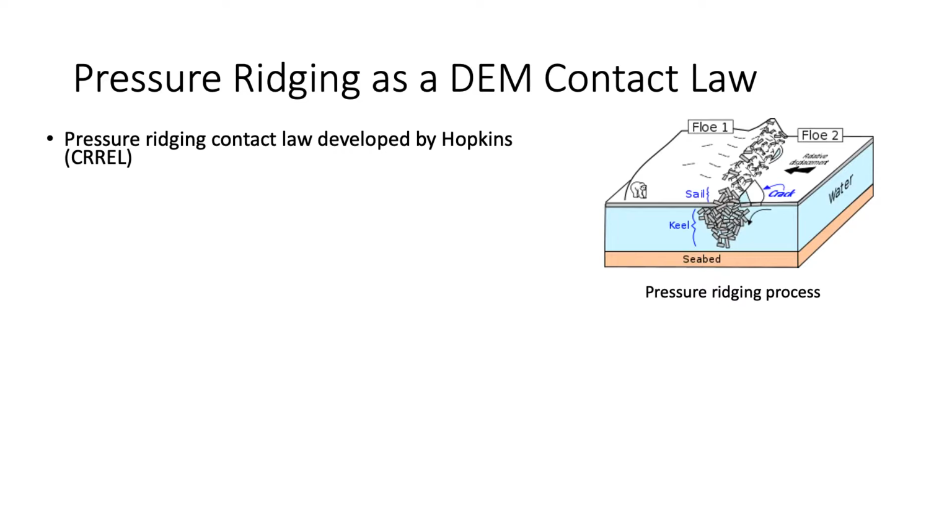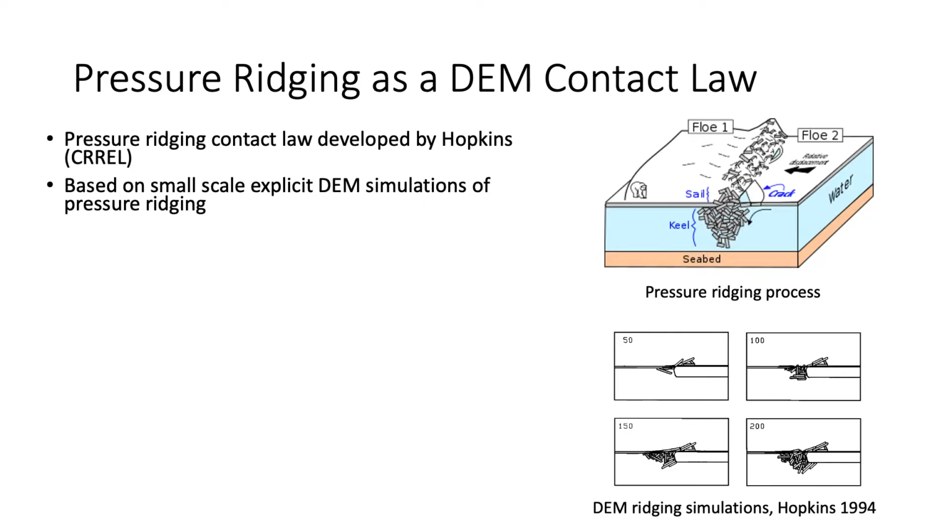We use pressure ridging-based contact laws to model interparticle contact when we're modeling sea ice. We use the model that was developed by Mark Hopkins at CRREL back in the 90s. These methods were a kind of homogenized method where he did very small scale simulations, which you can see on the right hand side here, of two floes coming into contact.